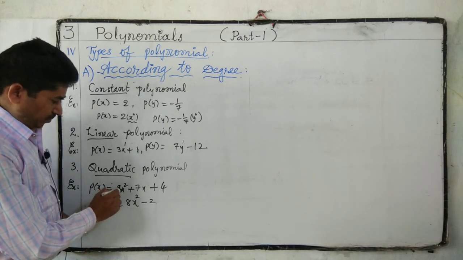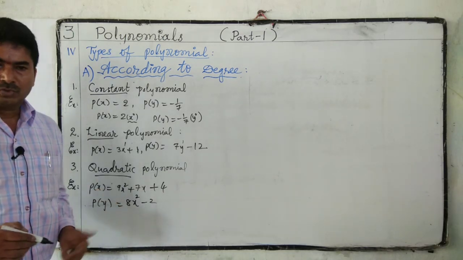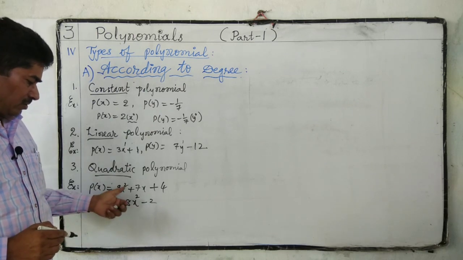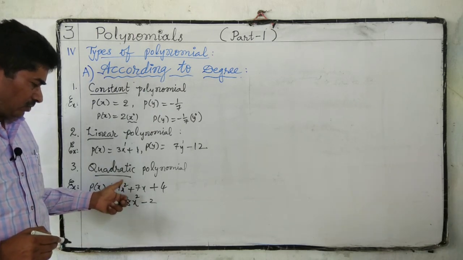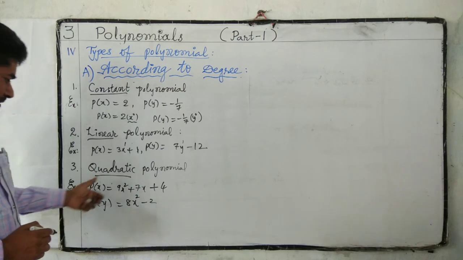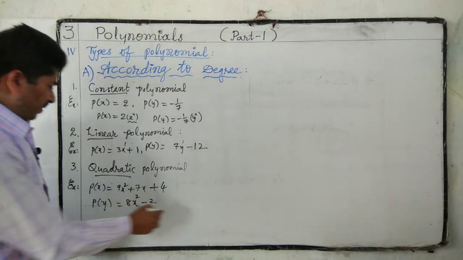The highest power is 2, so that is called degree. So here in this also degree 2, in this also degree 2. So these are examples for quadratic polynomial.